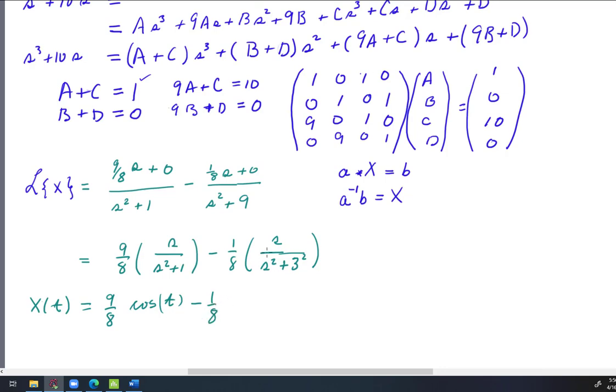And again, look in your book and you'll see that s over s squared plus 3 squared is the transform of cosine 3t. And then just to dress it up, I've got a 1/8 that's common. So I can factor out a 1/8, and I get 1/8 times 9 cosine t minus cosine 3t. And there's the solution to the differential equation.